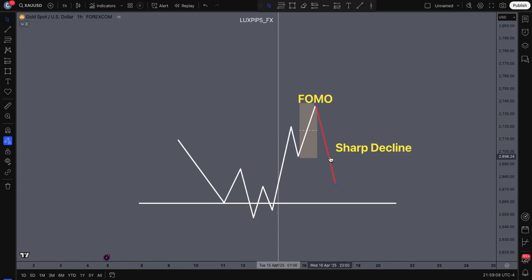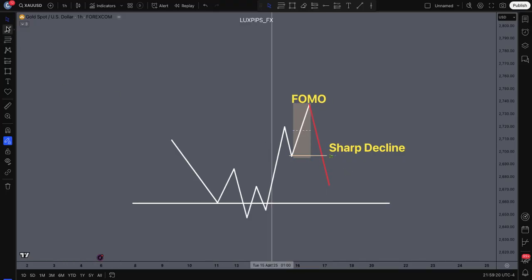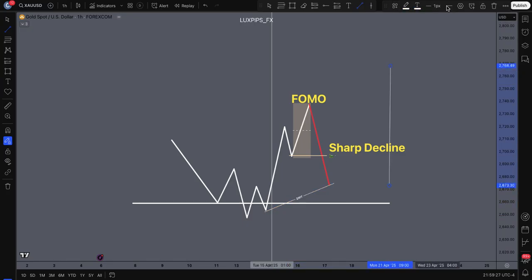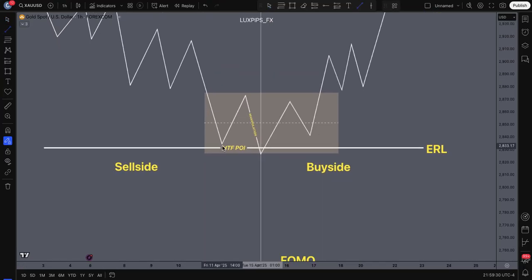Because now you have liquidity being ran, which is another form of turtle soup. And yes, you can look for SMT here too. SMT can be used on both sides of the curve.